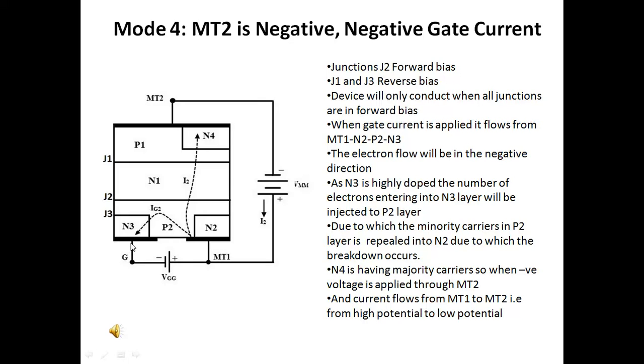In this mode, junction J2 will be in forward bias and junctions J1 and J3 will be reverse biased.